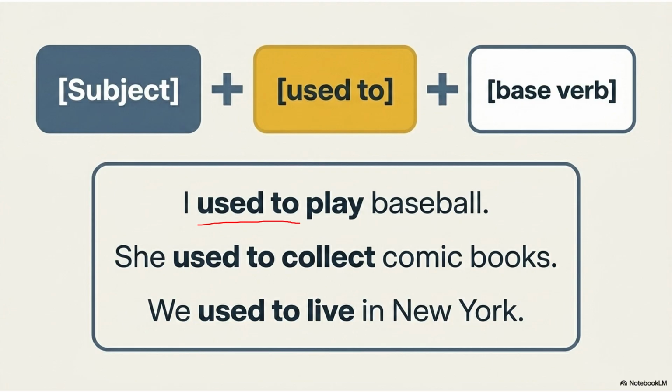So used to, this is the structure: used, always in the past, followed by to, which is the preposition. The verb is always in the base form. Always. Okay? She used to collect comic books. We used to live. Used is in the past, always. Okay?